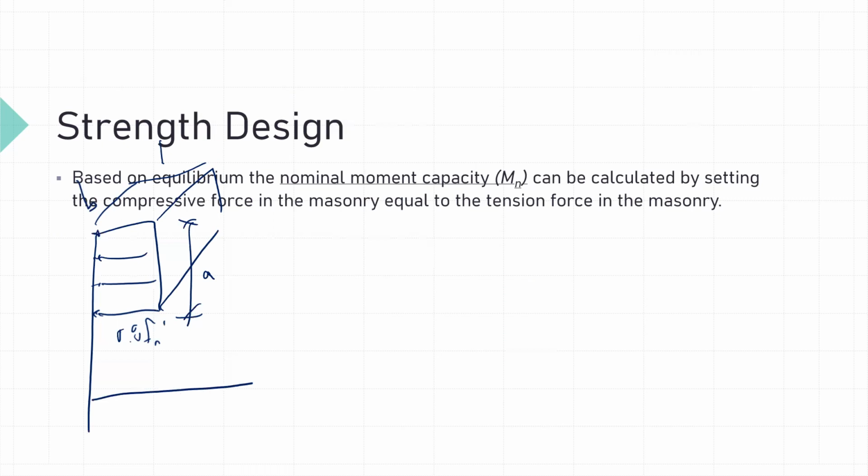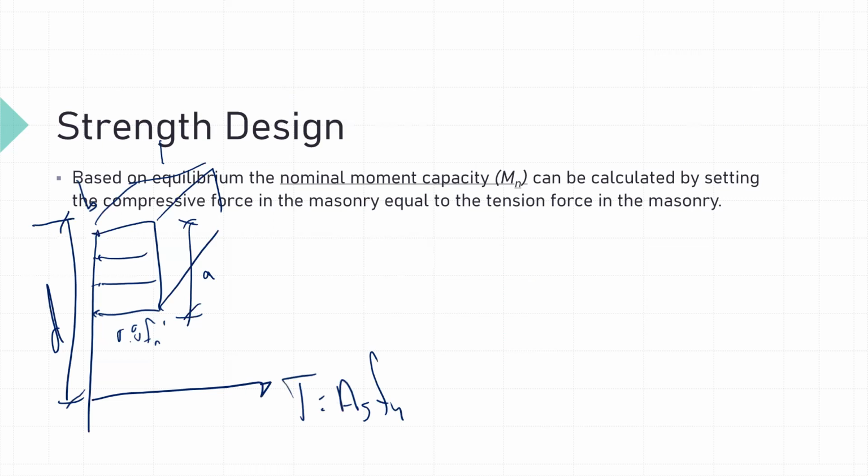We have our reinforcement in the bottom of our beam, so our tension force equals our area of steel times f sub y, which is again our yield stress. And we know that reinforcement is located at an effective depth from our extreme compression fiber to the centroid of that reinforcement, which is commonly denoted as d.